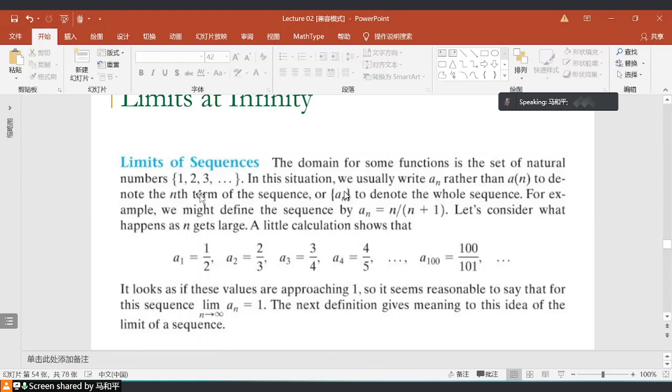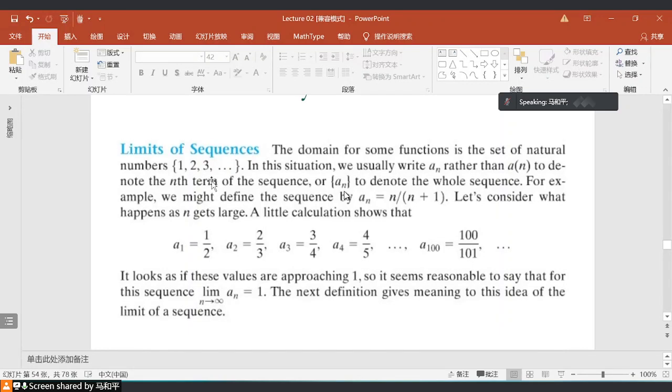Now we will look at the limits of sequences like this. The domain for some functions is the set of natural numbers 1, 2, 3, and so on. In this situation, we usually write a_n rather than f(n) to denote the nth term of the sequence, or we write {a_n} to denote the whole sequence.